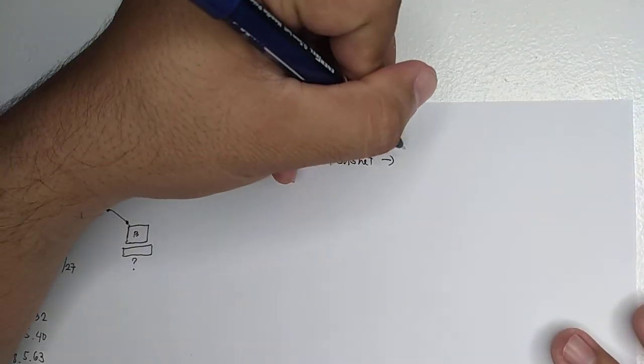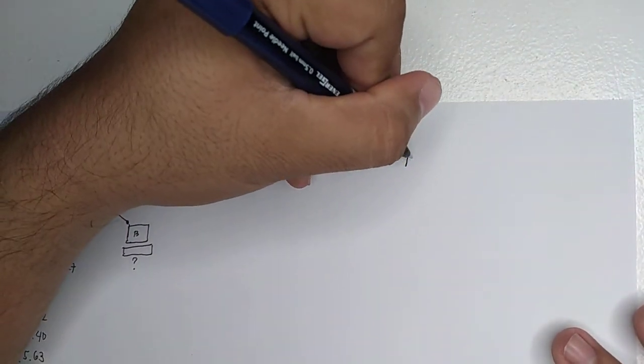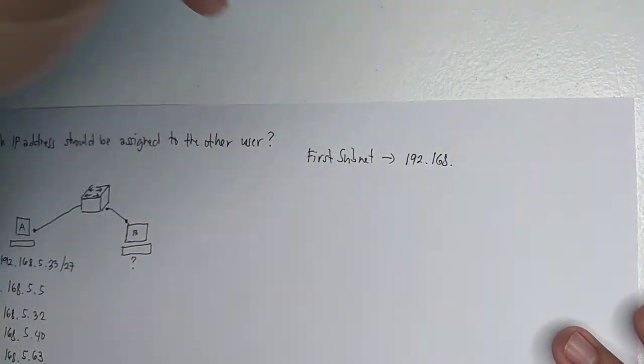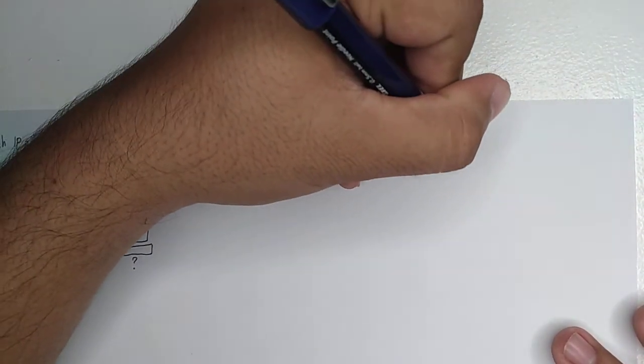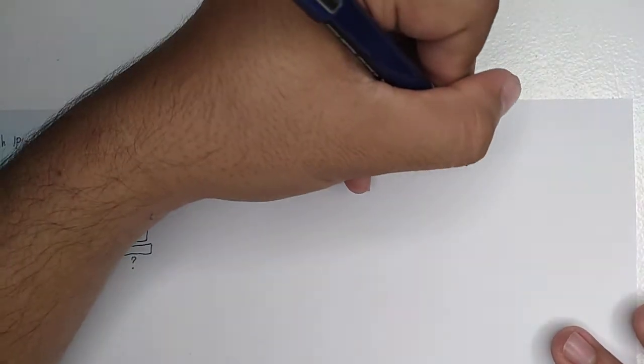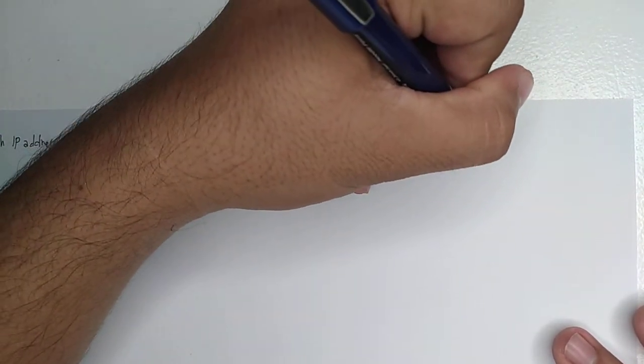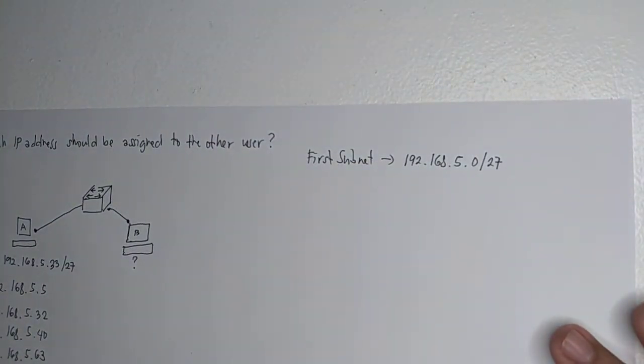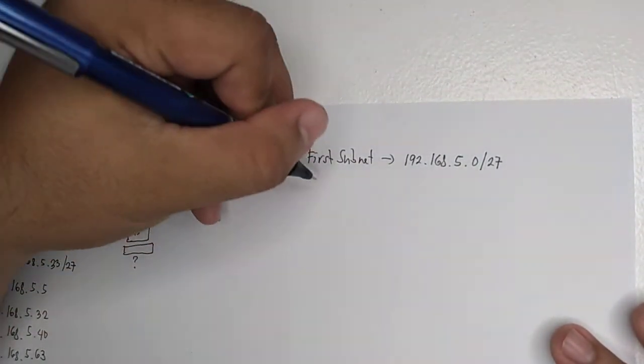So from the address, the first subnet is 192.168.5.0/27.